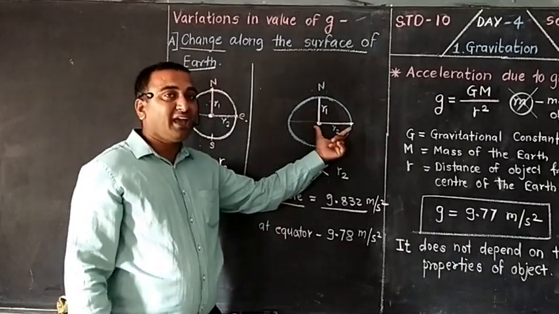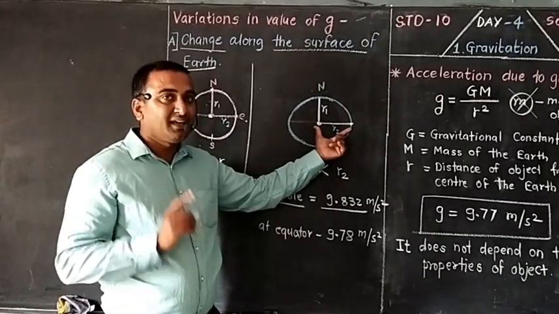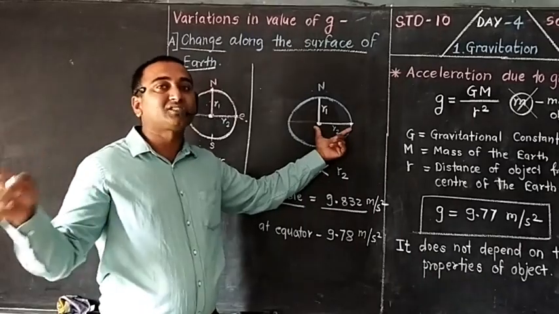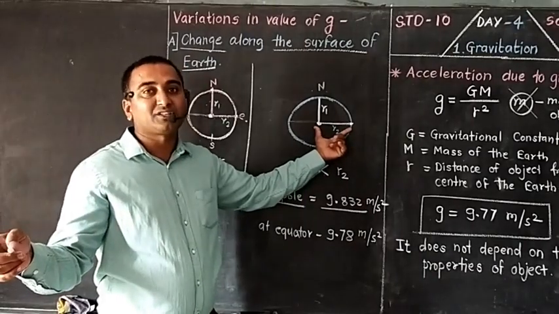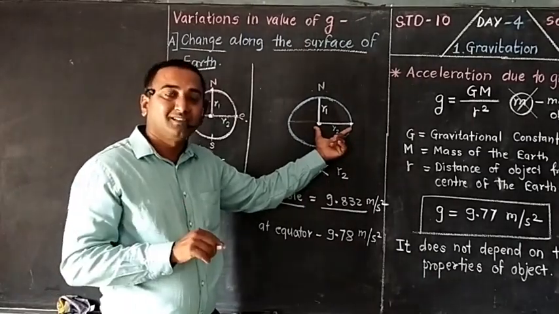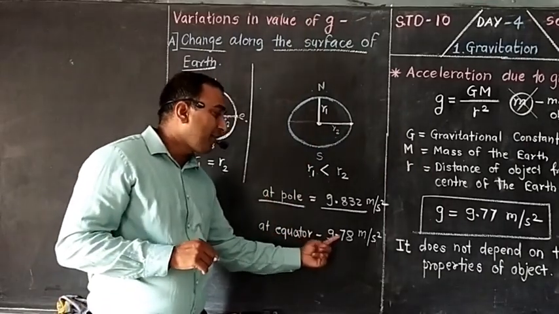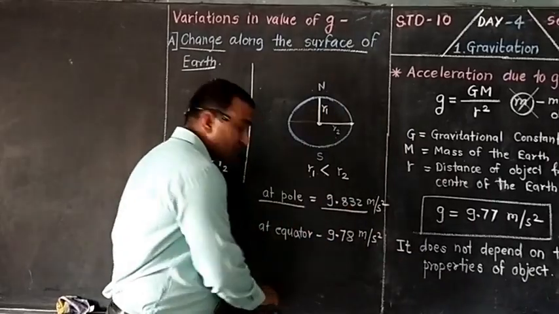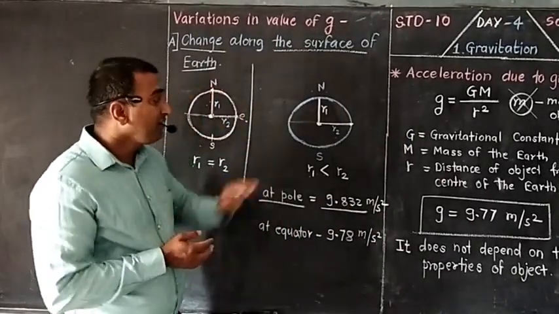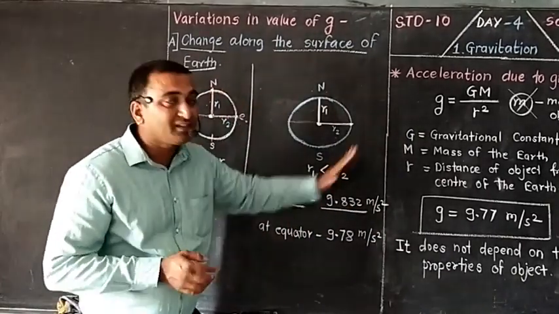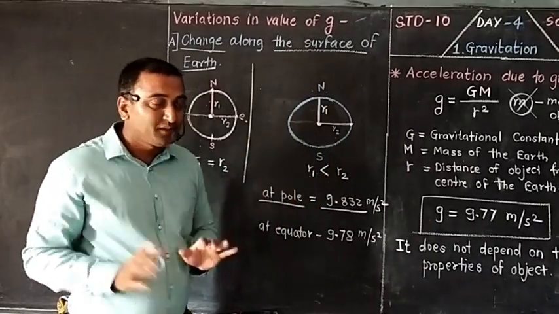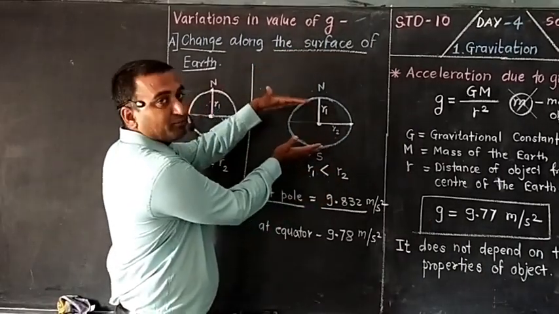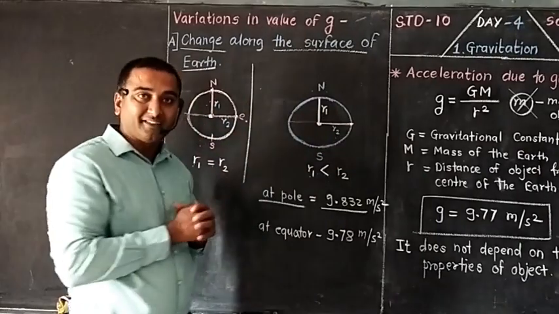At equator we have the longest radius. As we have the longest radius, acceleration due to gravity is smallest, and that is 9.78 meter per second square. So what is the conclusion? Earth is not exactly spherical, it is flat at pole and bulged at equator.